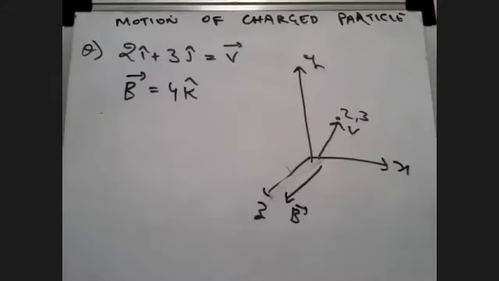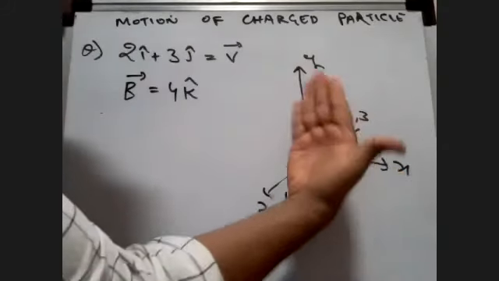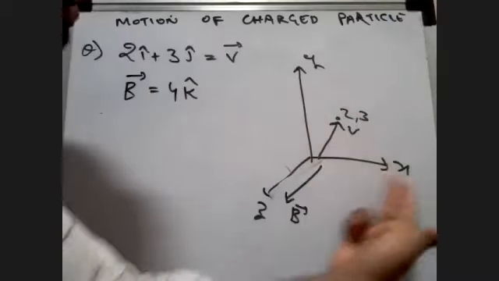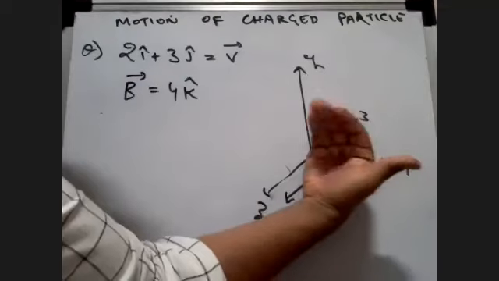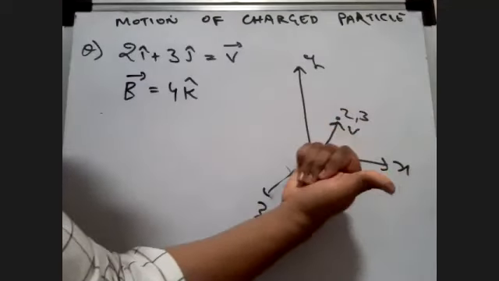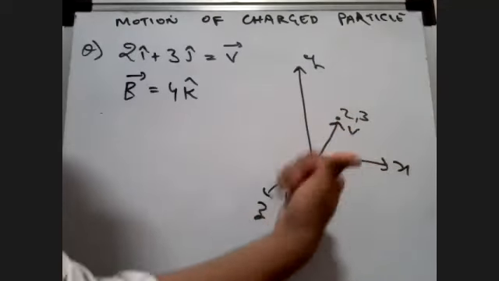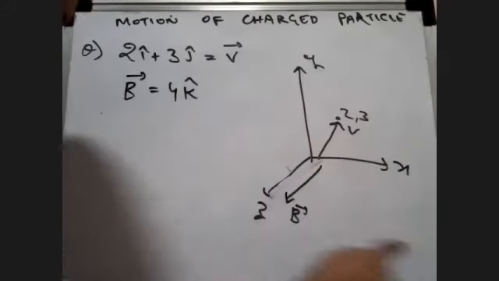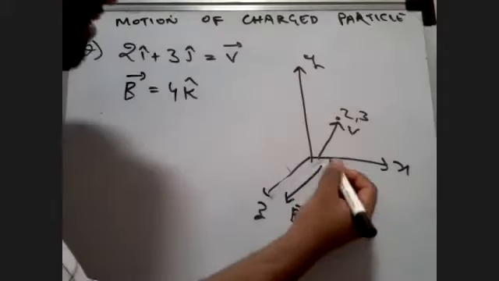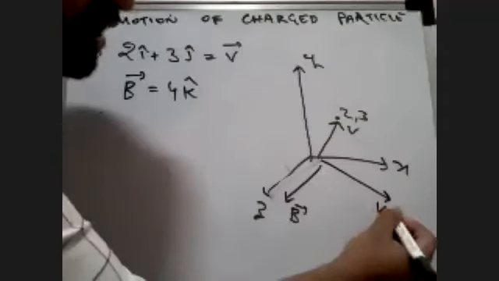Nothing so difficult. Take the xy plane, a two-dimensional plane like this, and switch it towards the magnetic field. In that case, you get v cross b on this side.